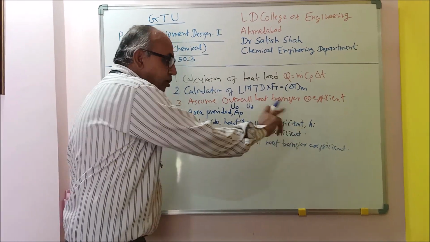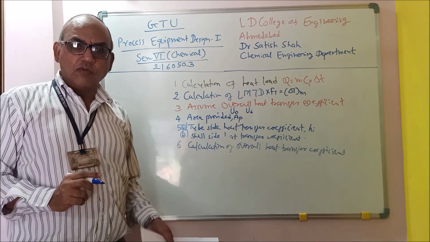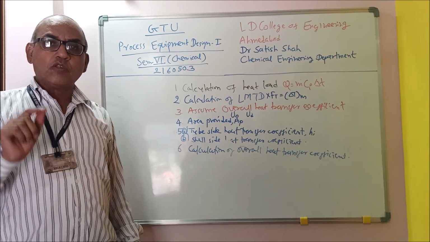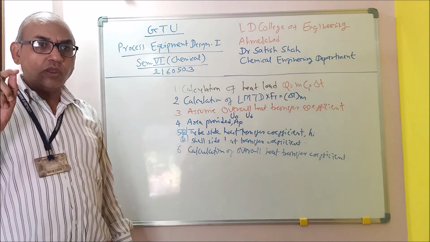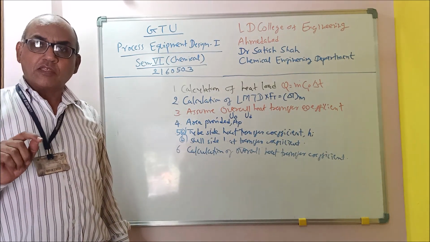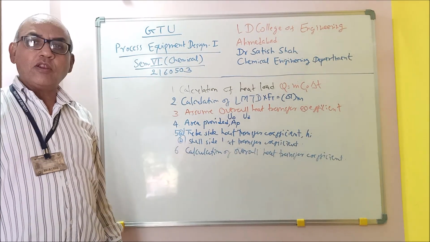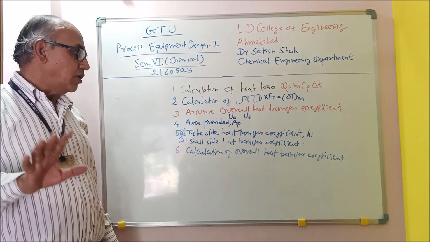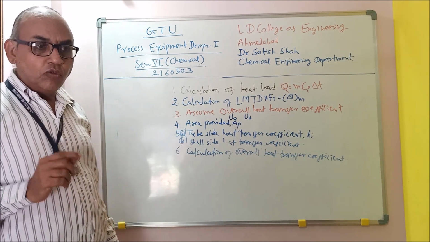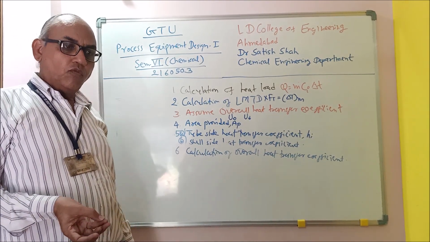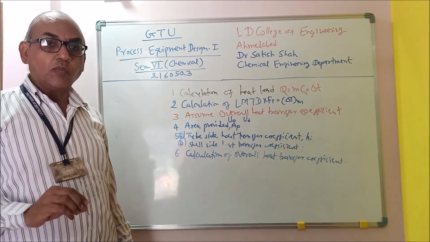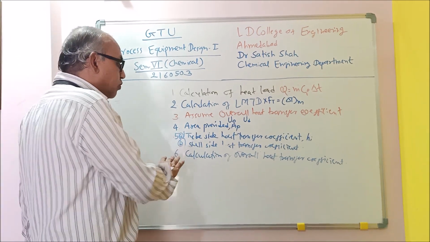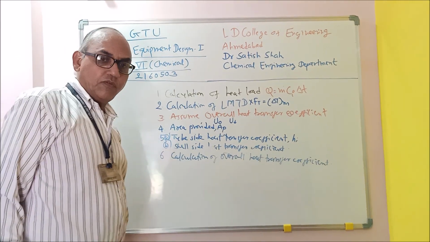Here I am calculating it, and for this I have already given you the formula: 1 upon UO is equal to 1 upon HO plus 1 upon HOD plus 1 upon HI into DO by DI plus 1 upon HID into DO upon DI plus DO ln DO upon DI upon twice KW. So this formula you have to use. For this you need the dirt coefficient value inside, the dirt coefficient value outside, the thermal conductivity of the tube metal, and DO and DI and everything. So you will calculate the overall heat transfer coefficient.